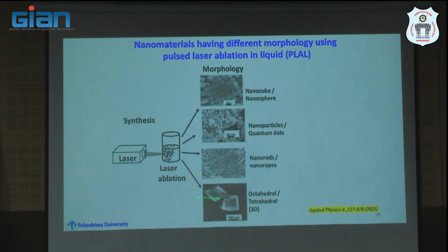To create this material, you just need 20 minutes or 1 hour. Laser ablation is also an eco-friendly technique, similar to photocatalysis. You just put something into the water and you get the nanoparticle within a few minutes.